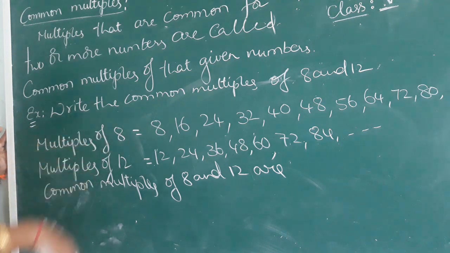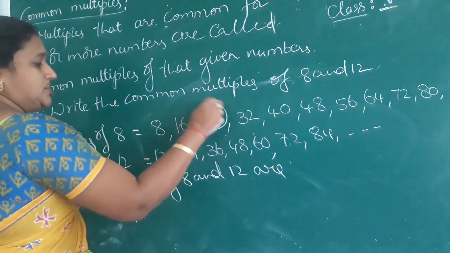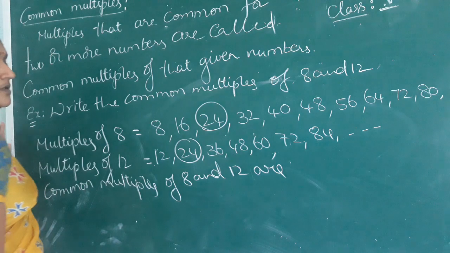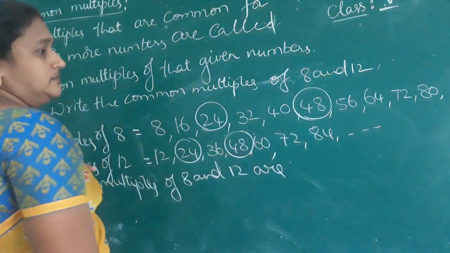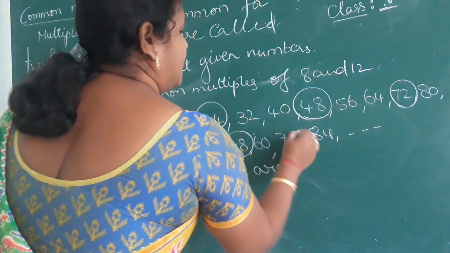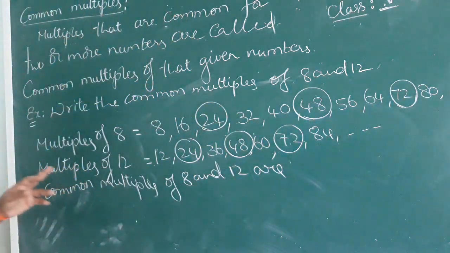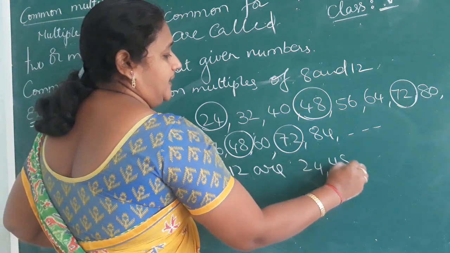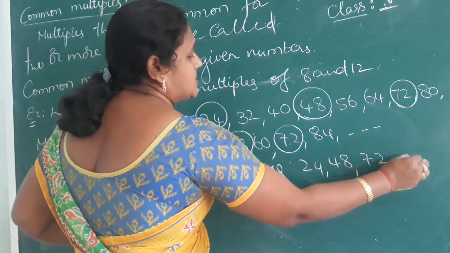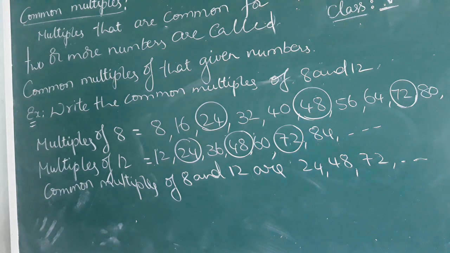In these two lists, which are common? 24, next 48, 72, like that they are common. So the common multiples are 24, 48, 72 and so on.